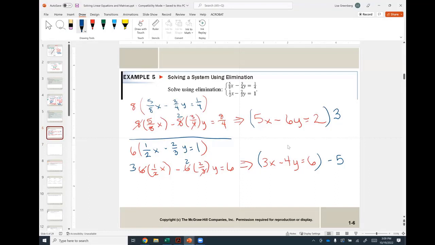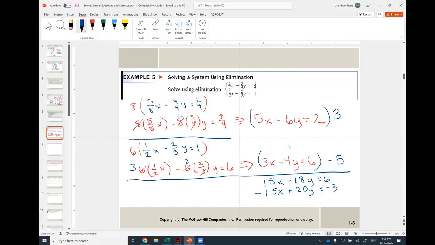Let me write it down here and then I'll just copy it to the other page. So I have 15x minus 18y equals 6, and negative 15x plus 20y equals negative 30.